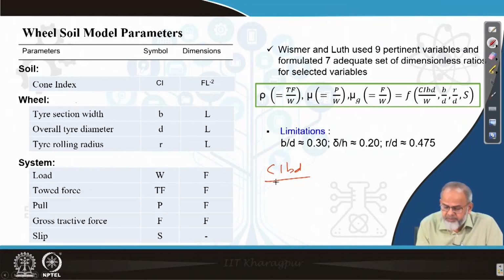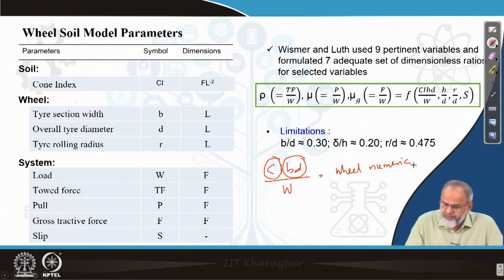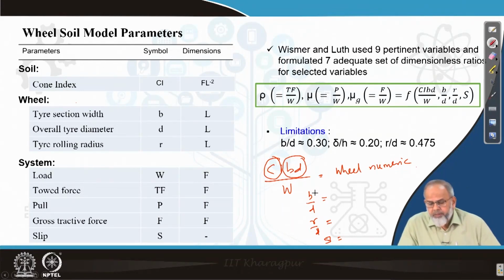He has combined parameters of soil, parameters of wheel, and the external load which is acting. Then he defined other dimensionless parameters: B by D, R by D, and slip, which is dimensionless. So using these 4 parameters, he tried to find out relationships, and he developed 2 equations, one for pull and the other for rolling resistance.